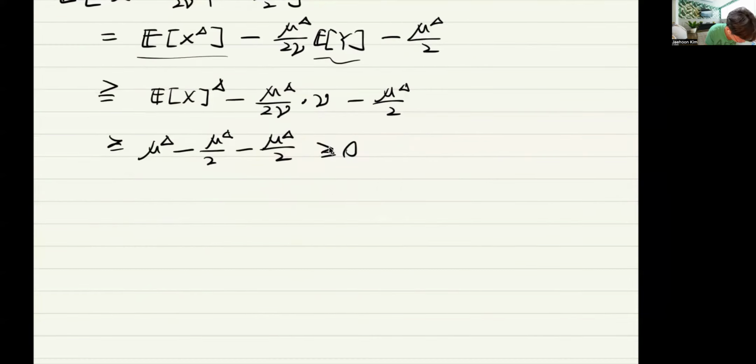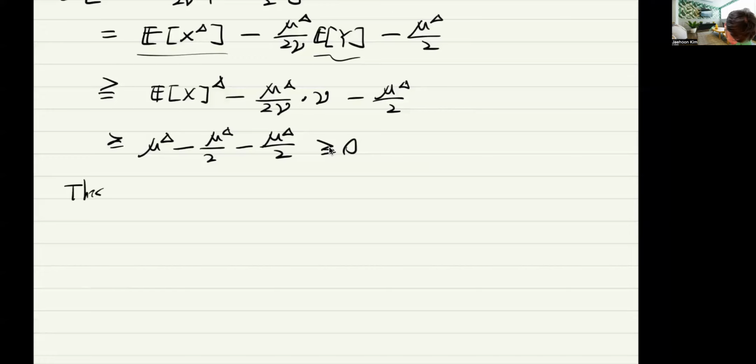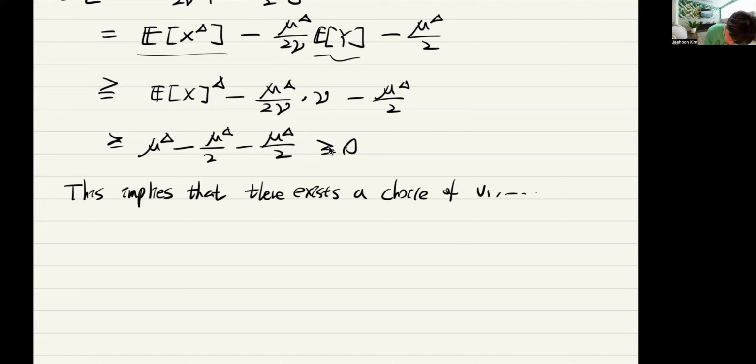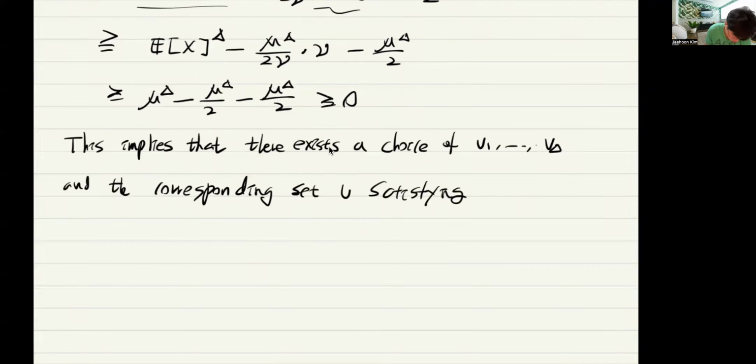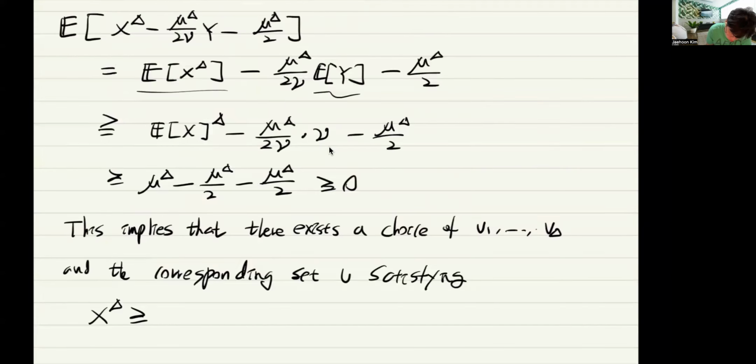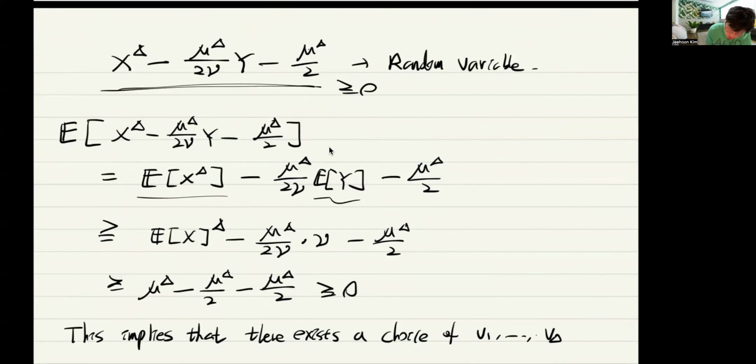And this means that this implies that in our random experiment, there is an outcome, there is a choice of this B1 to B delta, and a corresponding set U satisfying this inequality.